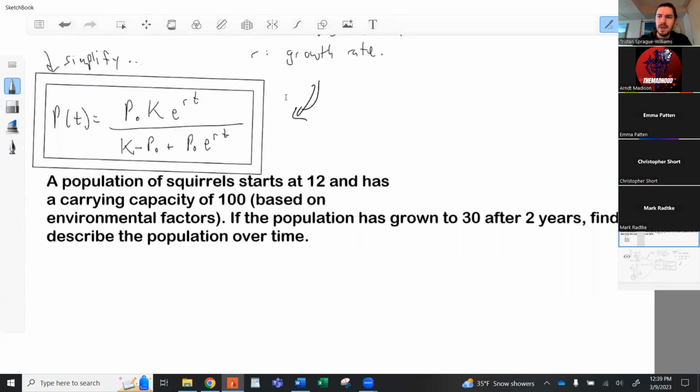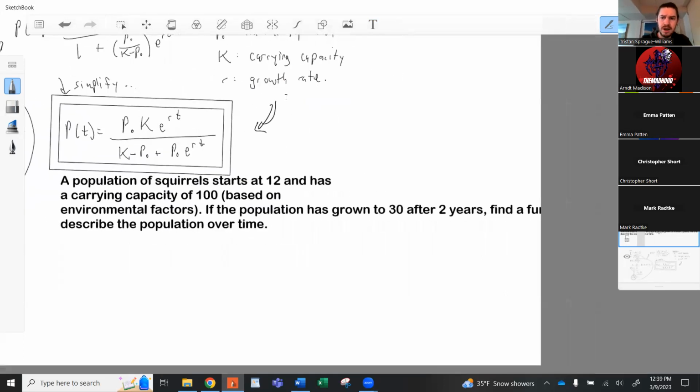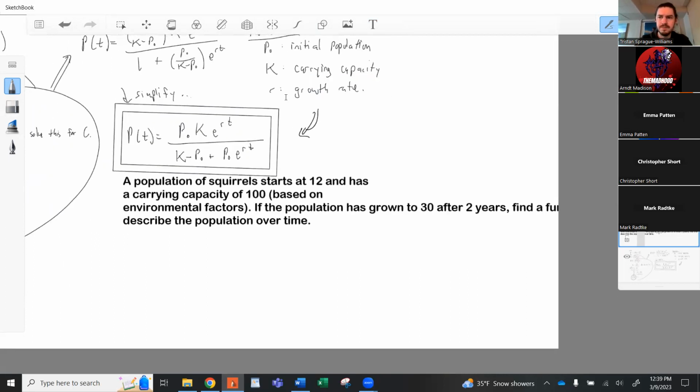Okay, it's relatively clear what it's saying. What do we know? It starts at 12, so P0 equals 12 squirrels. Carrying capacity of 100 based on environmental factors.